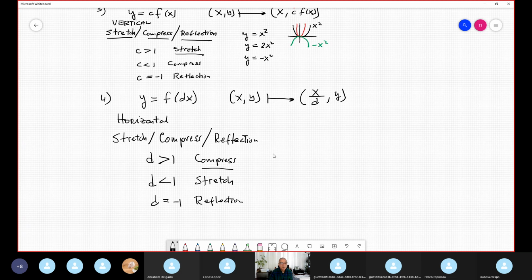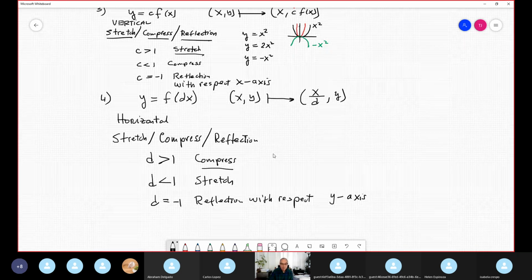But remember, this reflection is with respect to the x-axis, and this is reflection with respect to the y-axis. It's the only difference. Okay. Or for example, let me try to understand using a square root function.